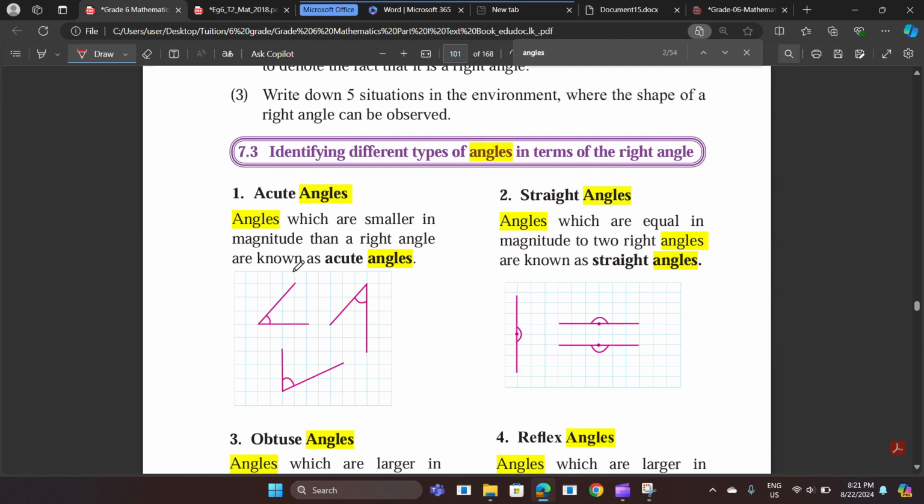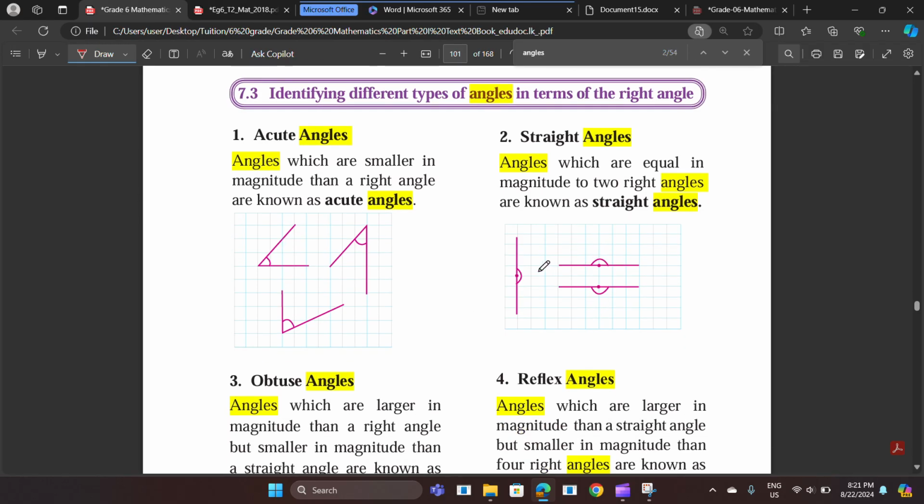See, acute angles: think of cute, small angles. They are less than the 90-degree right angle. Straight angles are quite like a straight line.